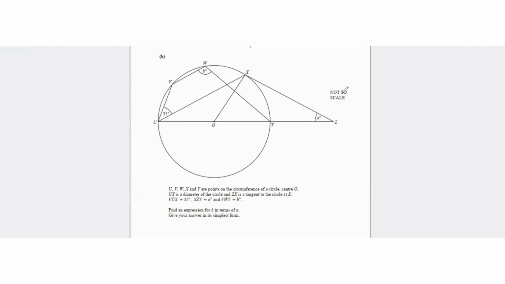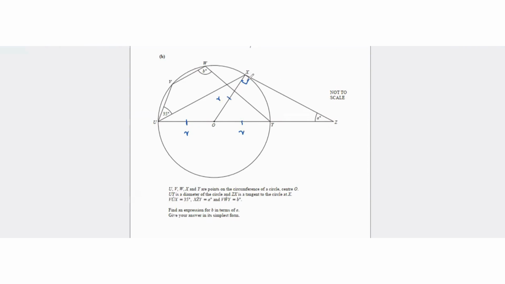So automatically this becomes 90, because whenever a tangent is touching the circumference, the angle it makes with the radius is 90 degrees. OU is the radius, OT is the radius, and OX is also the radius, so all these three lengths are equal.